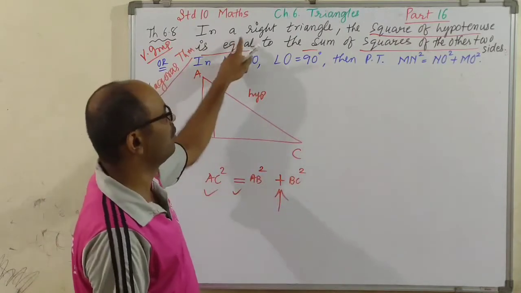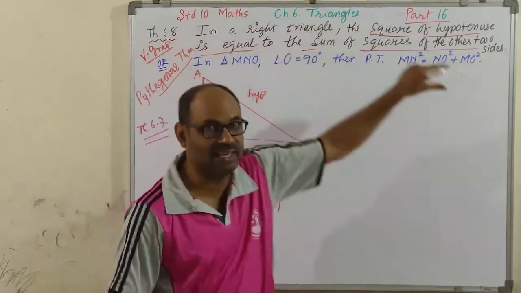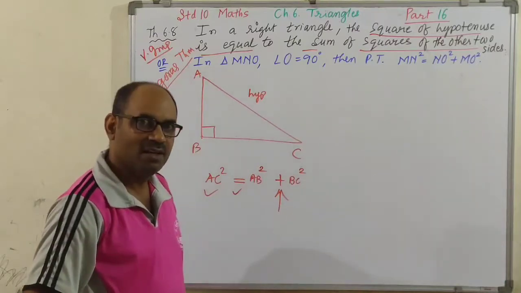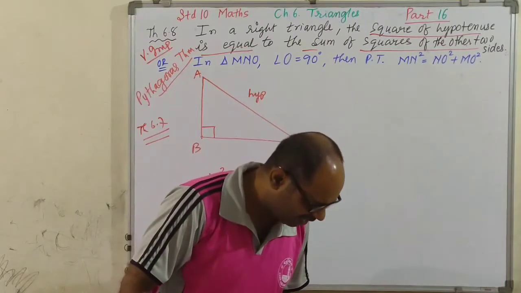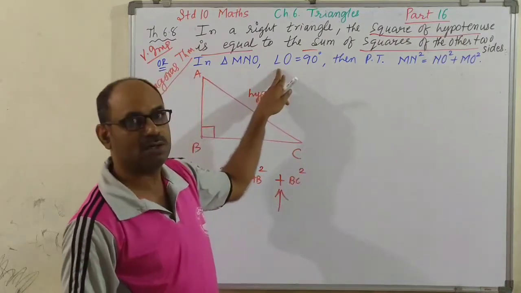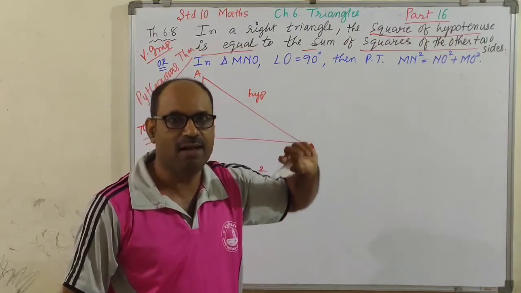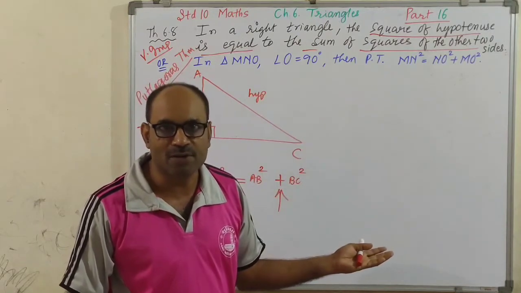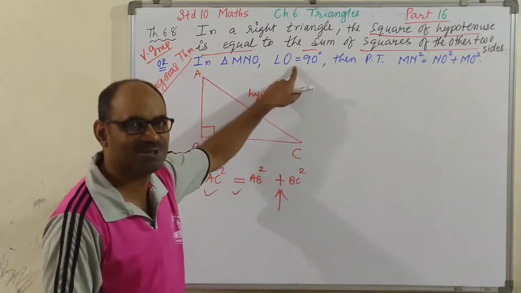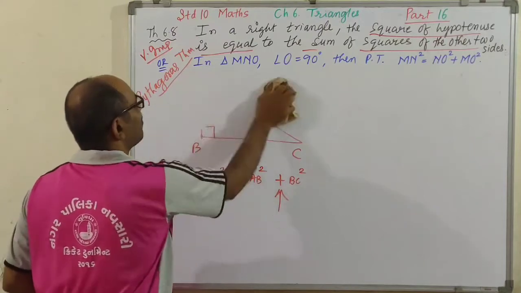Because all students remember only this statement, and in the statement no triangle name is given, so everyone mostly writes triangle ABC. In the textbook also it is given triangle ABC. Are you getting me? And in the board exam the question was twisted a little, and most of the children were not able to write. Very sad. Okay, so what I am going to do, I am going to use this only and see how you can prove it.